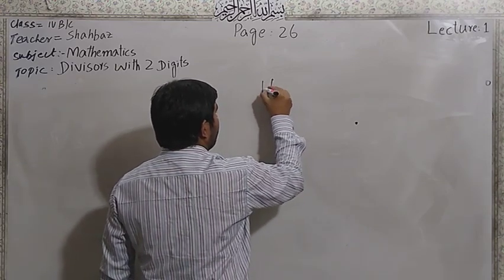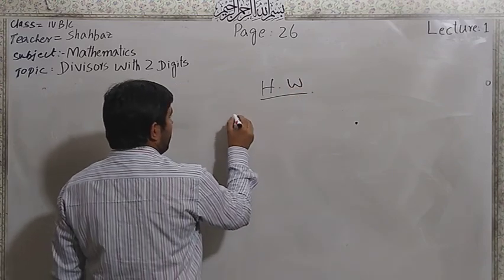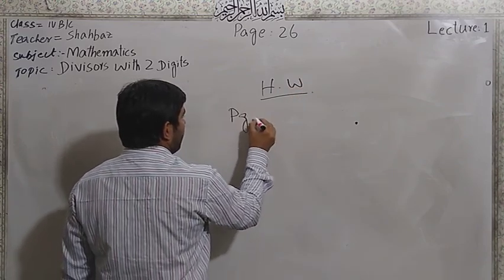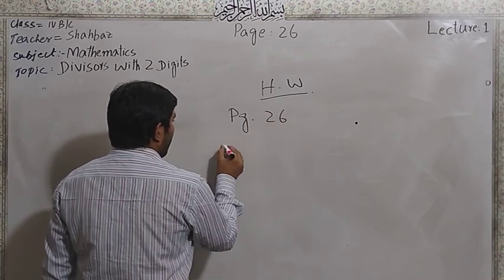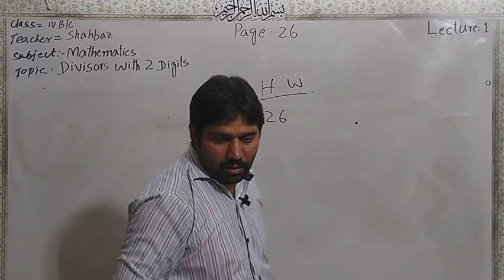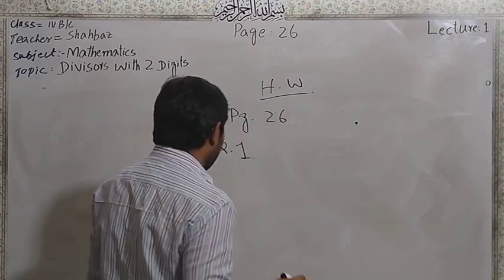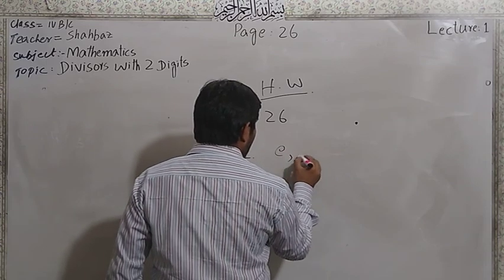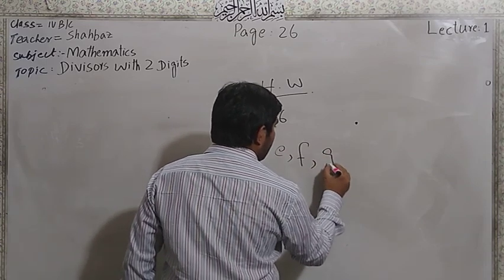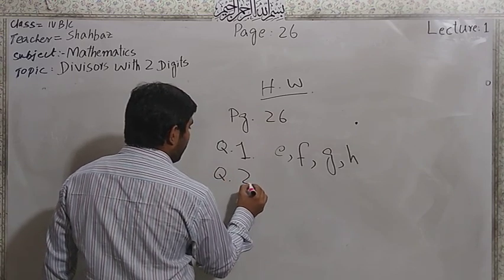Homework, math page 26, question 1. We did 4 parts A, B, C, D. You have E, F, G, H. And question number 2.